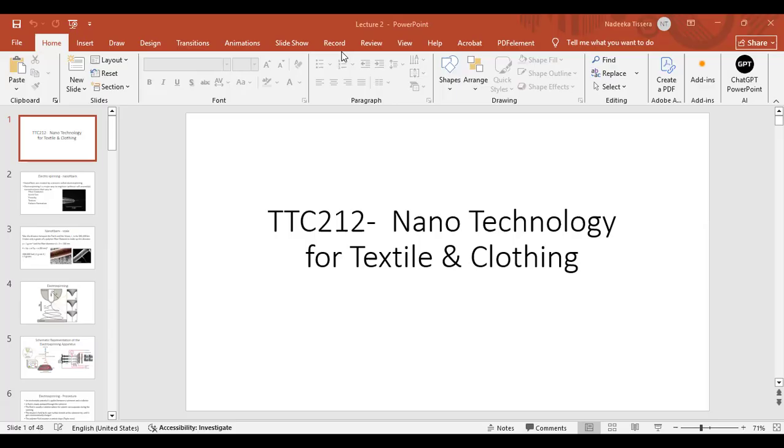So in today's topic, the nanofiber, we will be looking at two approaches to making nanofibers. For nanomaterial fabrication, there are two main categories. The first one is the top-down approach, and the other one is the bottom-up approach.